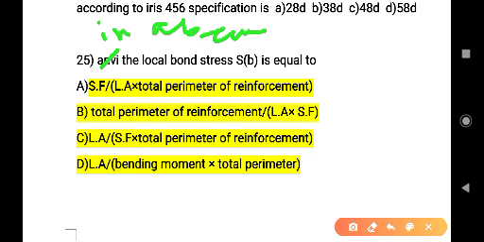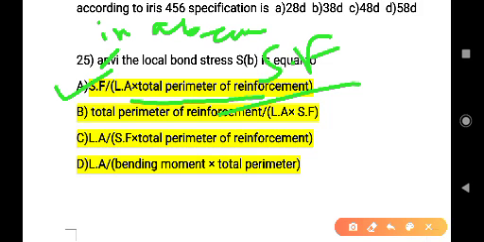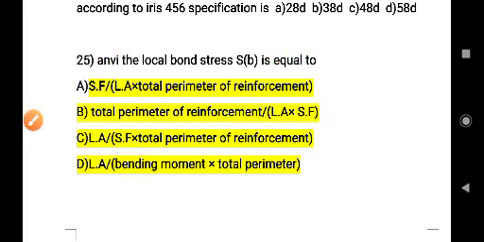We know that stress equals force by cross-sectional area. So here option A is correct. Shear force by cross-section area is lever arm into total perimeter of reinforcement. This is area and this is the force. So here the right answer is option A.